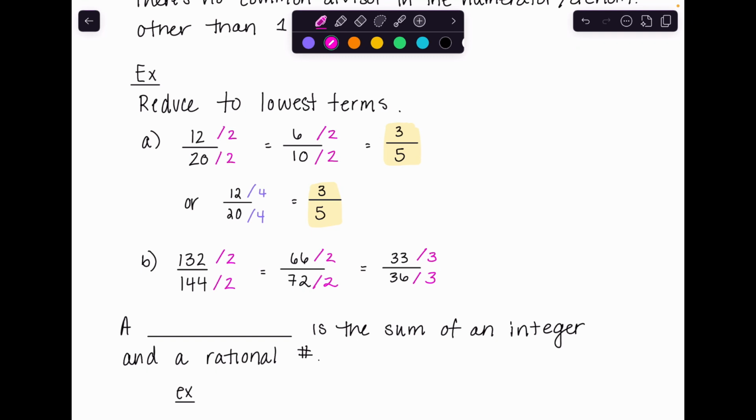So if I divide top and bottom by 3, that results in 11 over 12. And then at that point, 11 is a prime number, so there's nothing I can do here. So really, instead of doing 3 pieces, if I multiplied these out, 2 times 2 is 4 times 3, really these are both divisible by 12. So I could have done it in one swoop instead.